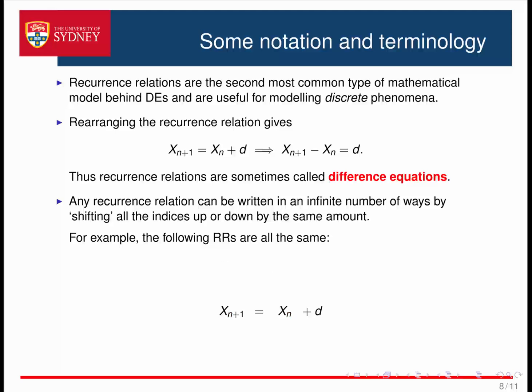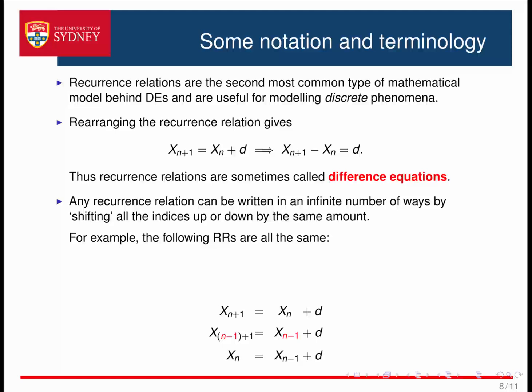In a similar fashion, if we once again start with the middle equation, then if we replace n by n minus 1 everywhere, x_{n+1} on the left-hand side becomes x_{n-1+1}, and x_n on the right-hand side becomes x_{n-1}.